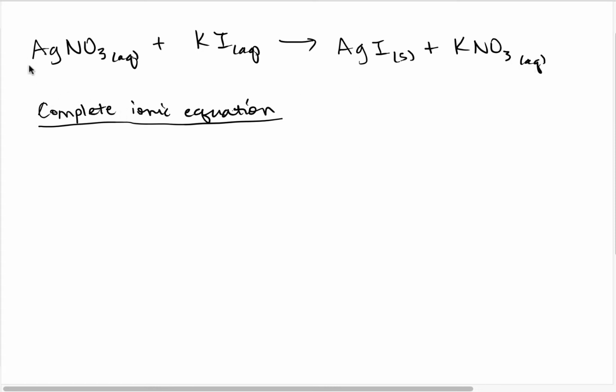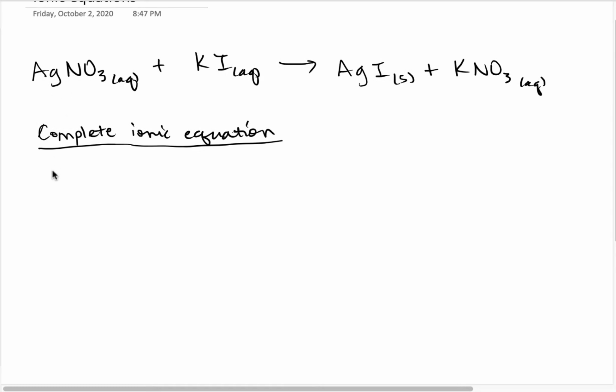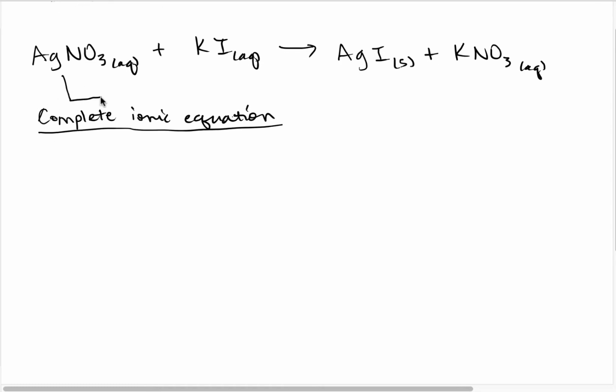So when we talked about what this was really looking like, I said, well, look, in the silver nitrate solution, we really have silver ions and nitrate ions, and they're all floating around together. And then in our potassium iodide solution, we really have potassium ions and iodide ions.